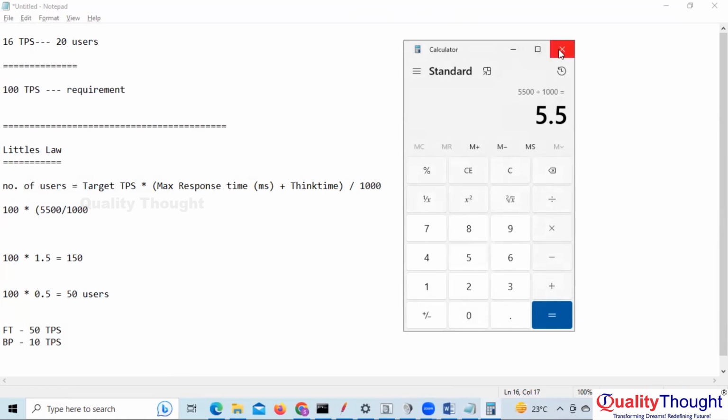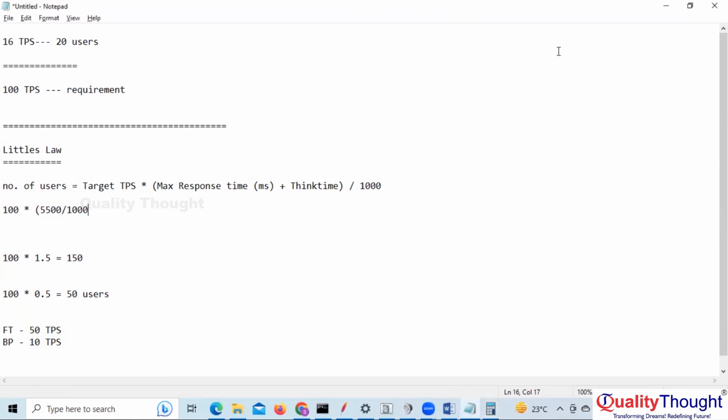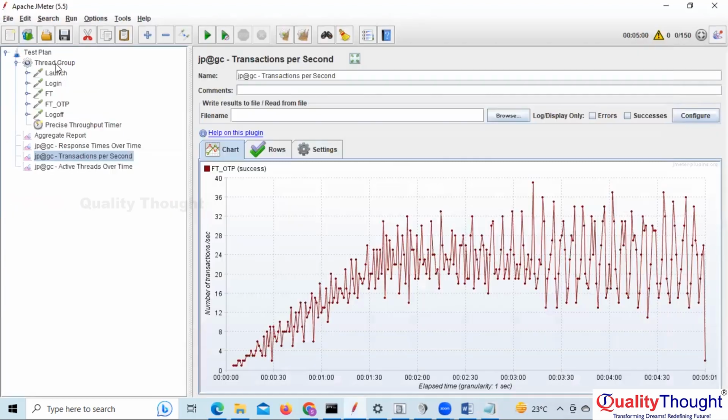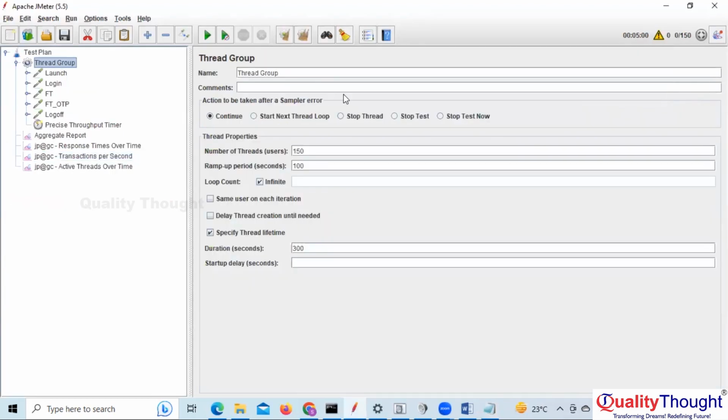Correct. 550, right? Okay. Oh, with 550, with 150 only we are achieving. Yeah, we are achieving. I'm confused. I know we have done it the right way, but I don't know what I'm missing.